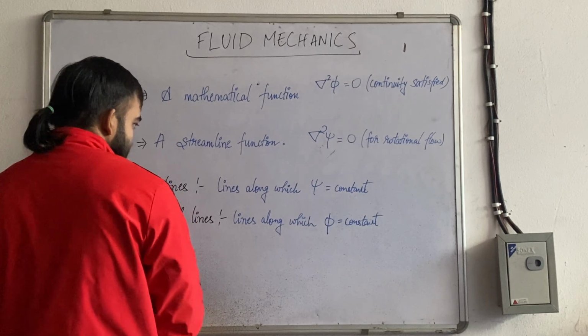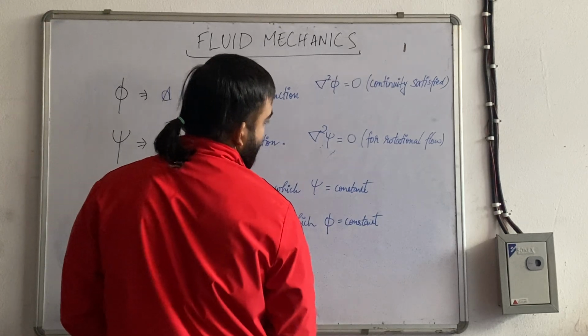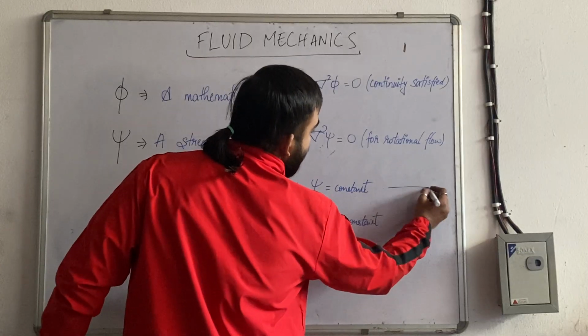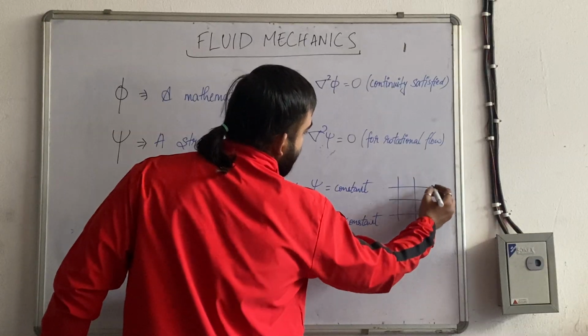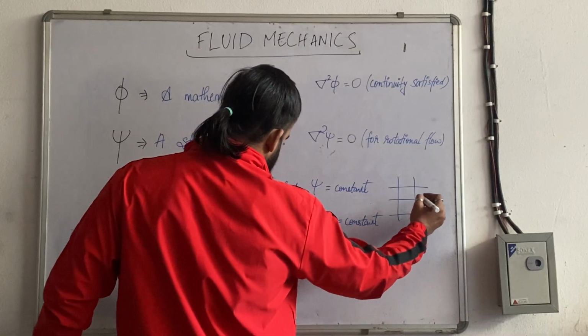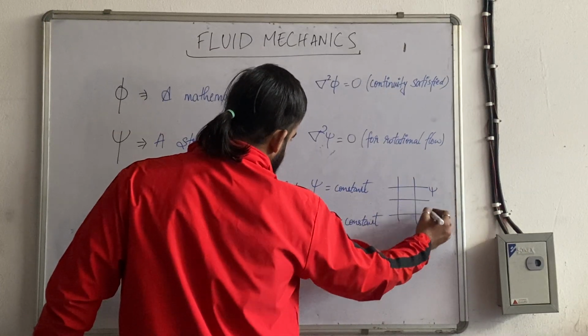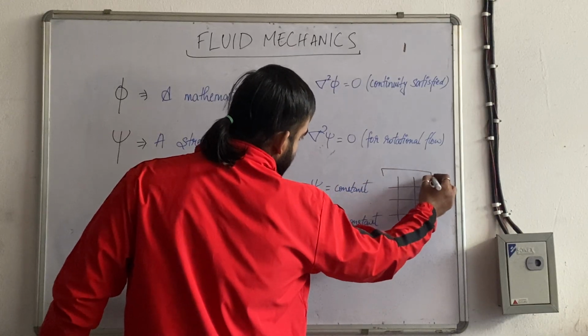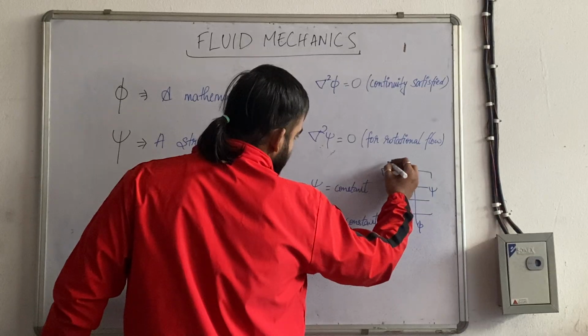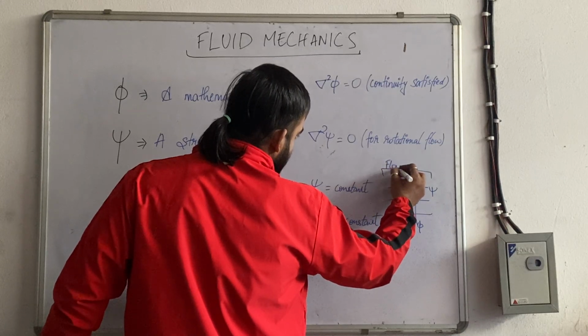Joining these lines can also generate a flow net. For example, this is psi and this is phi, and this is known as flow net.